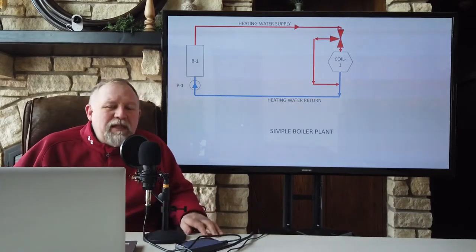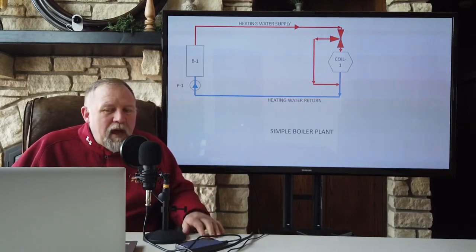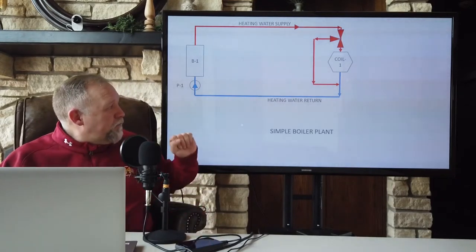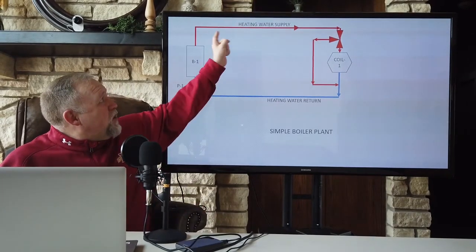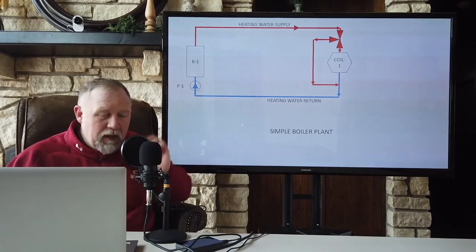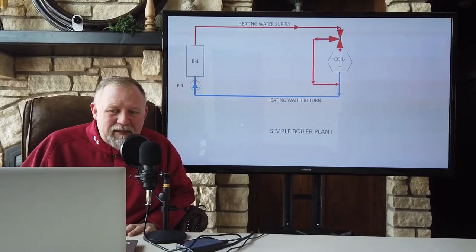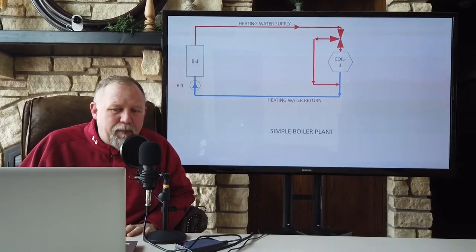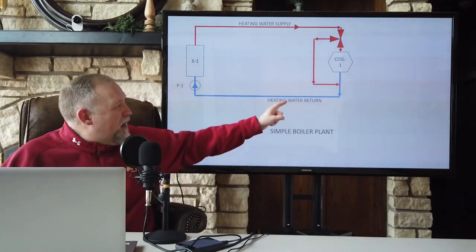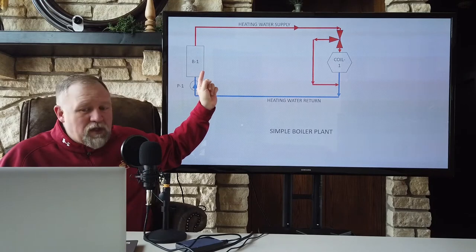So that's what we're going to use for these examples. It could be something different in other systems, but for my examples today, I'm going to use a delta T of 20 degrees. Now, the real question is, what is your heating water supply temperature and what is your heating water return temperature? When we talked about condensing appliances and condensing equipment like boilers, we learned that the cooler the heating water return temperature is, the more efficient the boiler is.